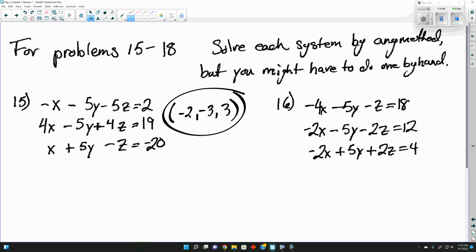Now, I will say this. If you put one of these three numbers as a decimal and the other two show up as decimals, you need to write all three as decimals or all three as fractions. I don't want you putting the value of x as, say, 1/2, the value of y as 0.5, and then the value of z as 3/4. If you picked one of them as a decimal, put them all as decimals. Or if you picked one of them as a fraction, put the rest as fractions.